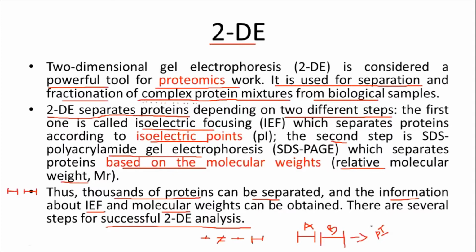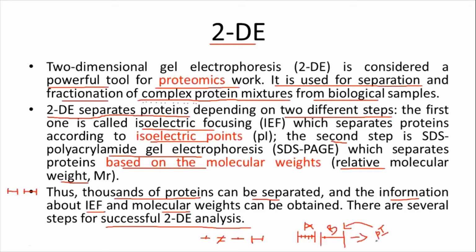How? The pI is always determined by where the protein is placed, in a buffer containing a particular pH. This is one thing. Number two, though they have the same molecular weight, the composition of the protein is different. Suppose a single amino acid may differ between the A and B proteins, even though they have the same molecular weight.